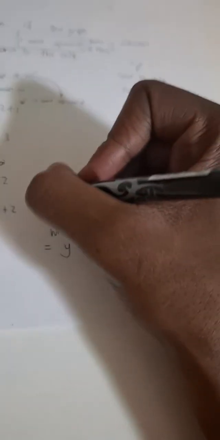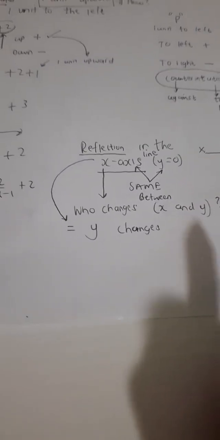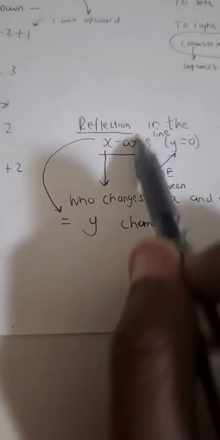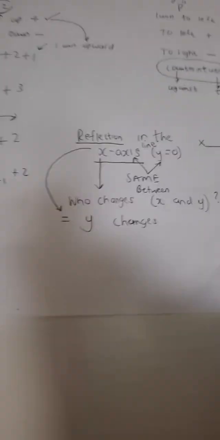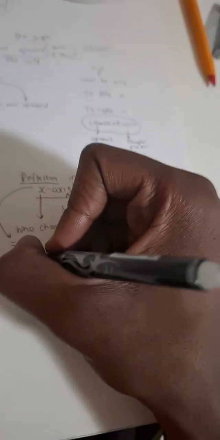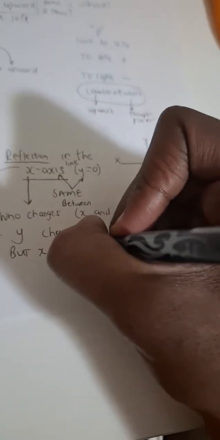So when we are reflecting in the x-axis, who changes? It is y. Or if we use the wording reflection in the line y = 0, remember that the line y = 0 is the x-axis. Therefore, who changes? Y changes. But x stays the same.